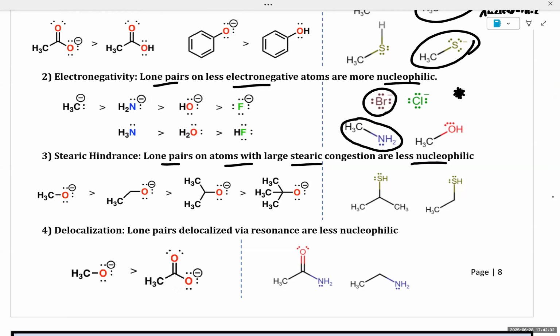So for example, if we compare these two sulfur nucleophiles, the less substituted sulfur-based nucleophile, where the sulfur is attached to a primary carbon, is going to be more nucleophilic than if the sulfur is attached to a secondary carbon. Because this molecule on the right, where the sulfur is attached to a primary carbon, is less hindered, it can more readily attack the carbon with the leaving group.